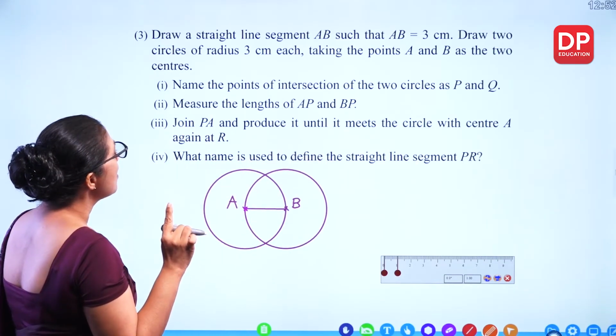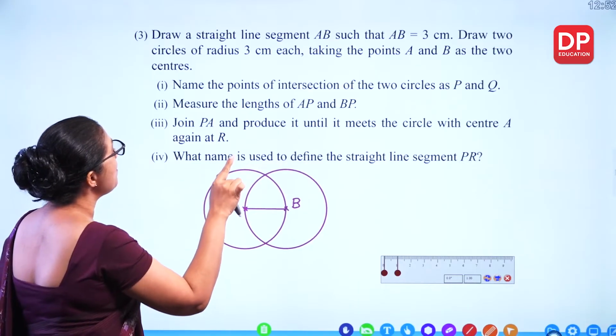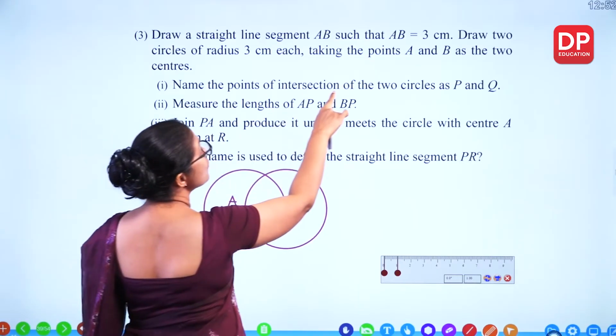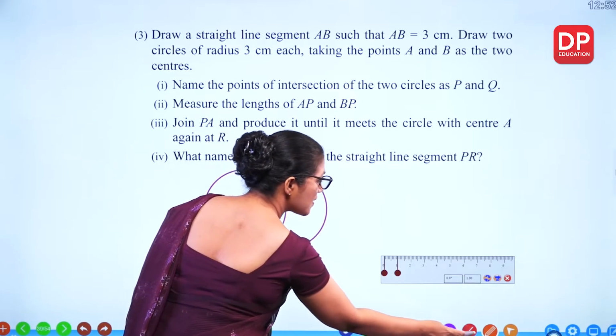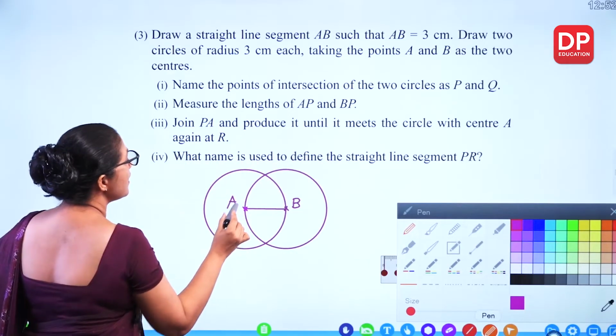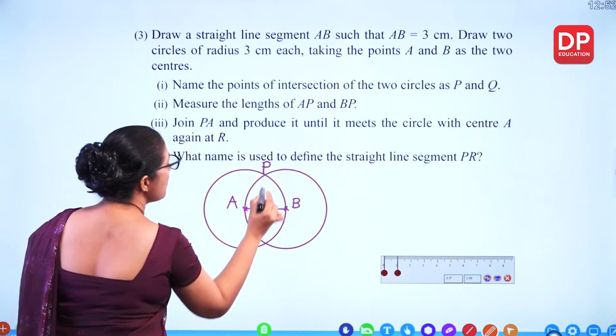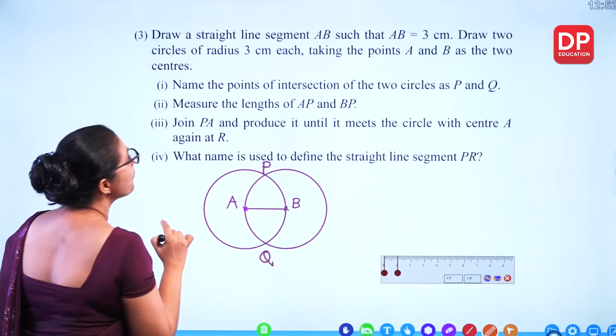Measure the lengths of AP and BP. Name the points of intersection points. P and Q. So I can label this is P, this is Q.